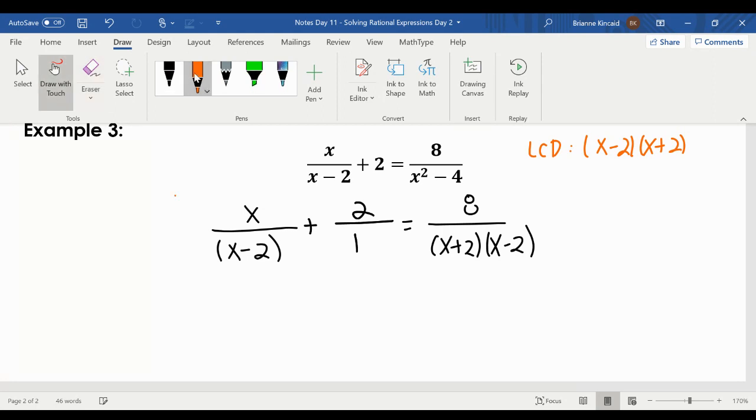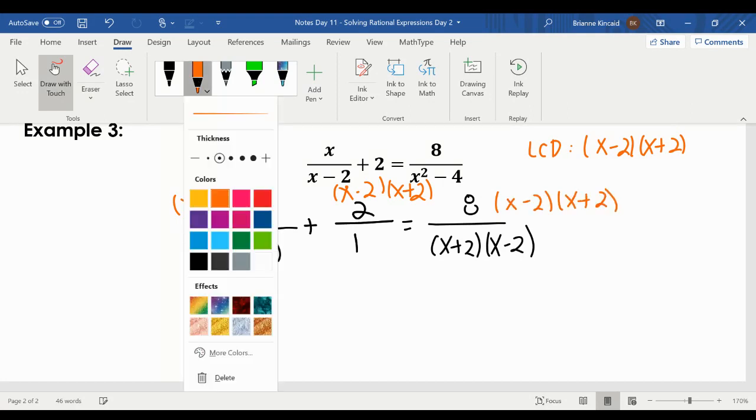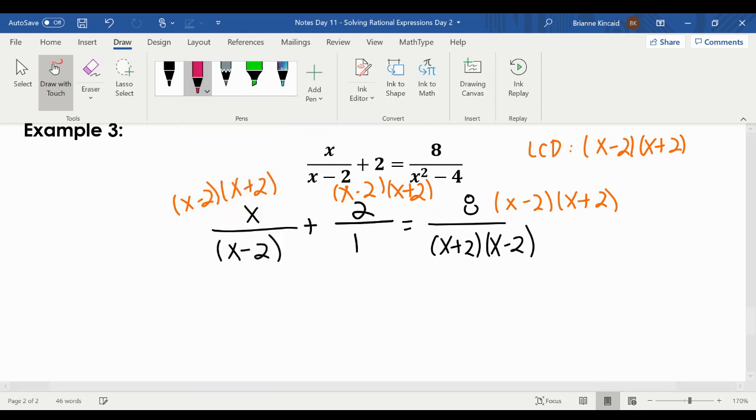So I'm going to write my LCD as x minus 2 times x plus 2, under each fraction. Alright, in my first fraction, I'm able to cancel the x minus 2.